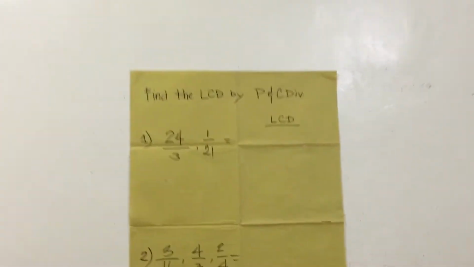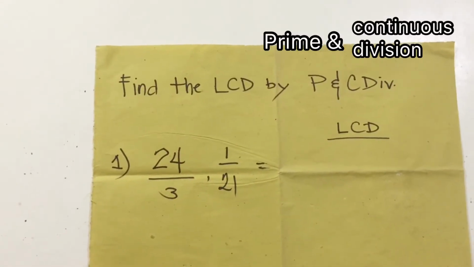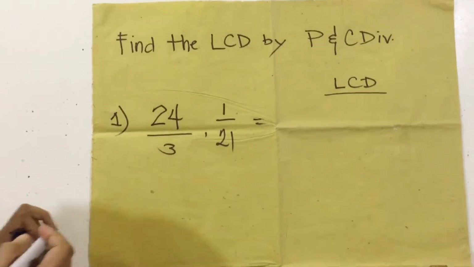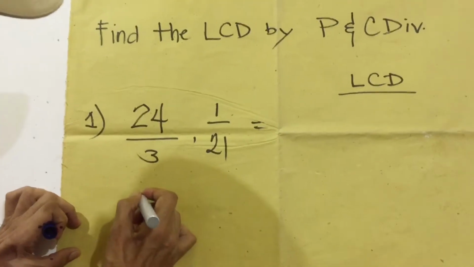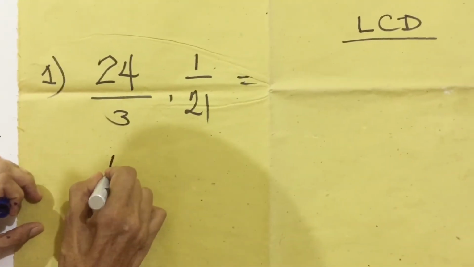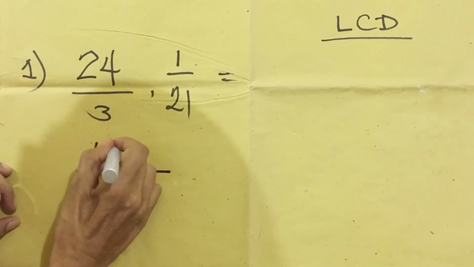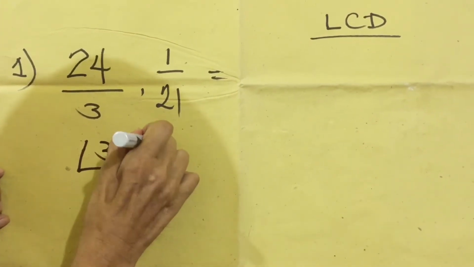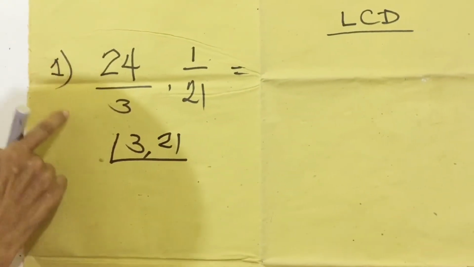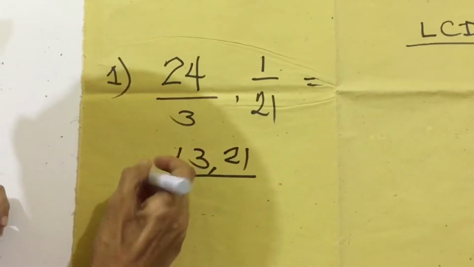Today our topic is about how to find the LCD by prime and continuous division. So, pag-find ng prime and continuous division, so the denominator, copy mo na, then 21. So, yung prime, yung lowest prime dito ngayon ay 3.